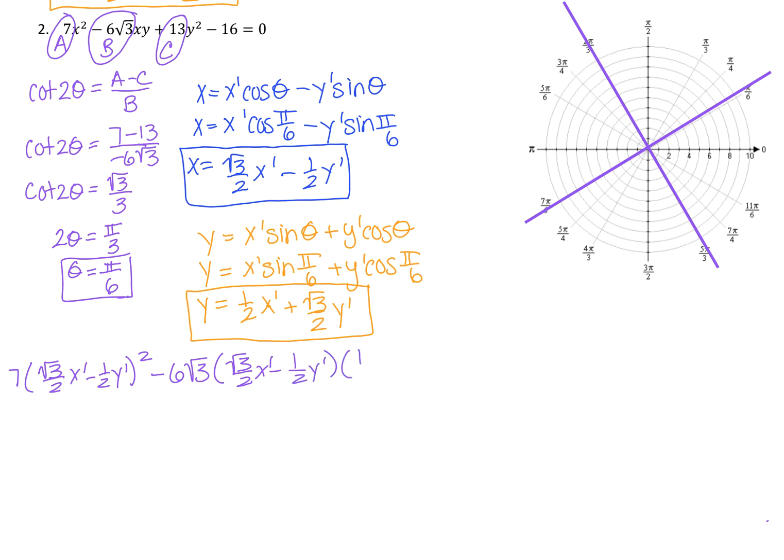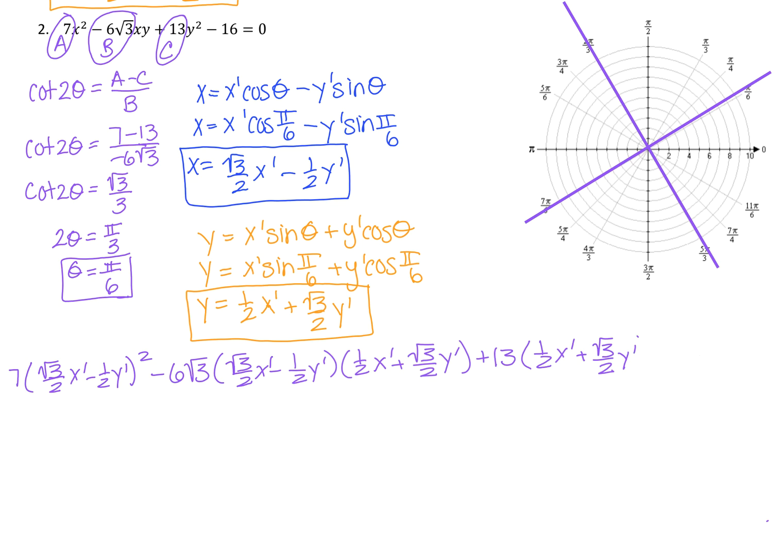And as you can see, it's really important not to be sloppy because your x's and your y's can easily look like each other, especially with the primes next to them. So then plus 13 times y squared, so 1/2 x prime plus square root of 3 over 2 y prime quantity squared, minus 16 is equal to 0.